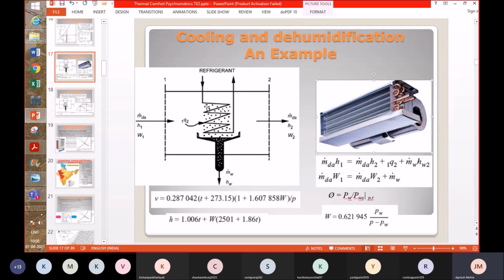Now, because of this heat removal, as it is shown, there is moisture condensation also, right? The water vapor from air gets condensed, a part of it, and takes liquid form, and it is on the surface of the fins or the tubes, and slowly it drains down, and then you take it out, right?